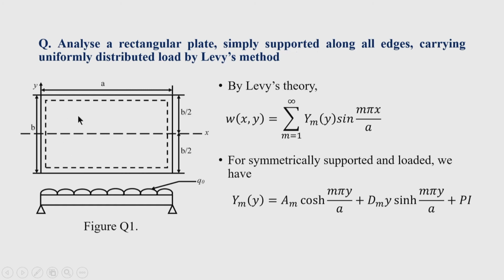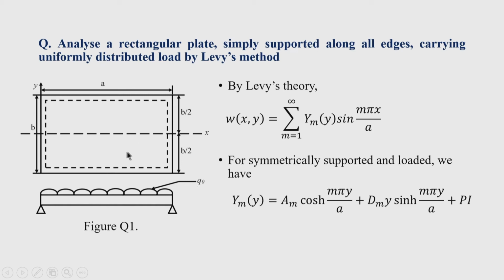So, the plate is symmetrical about this x axis, and therefore a symmetrical condition exists, and we can take only the terms A m cosh of m pi y by a plus D m y sinh of m pi y by a plus the particular integral, because the plate is acted upon by a uniformly distributed load of intensity q naught per unit area.